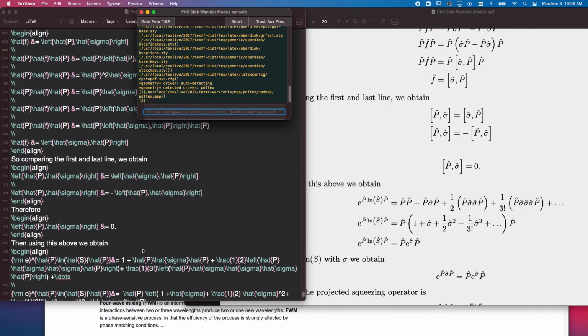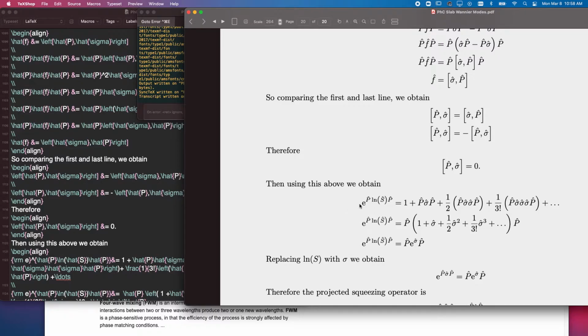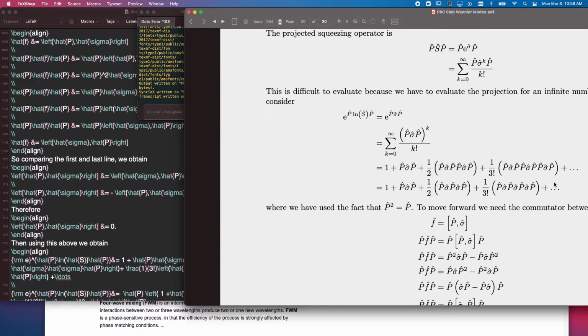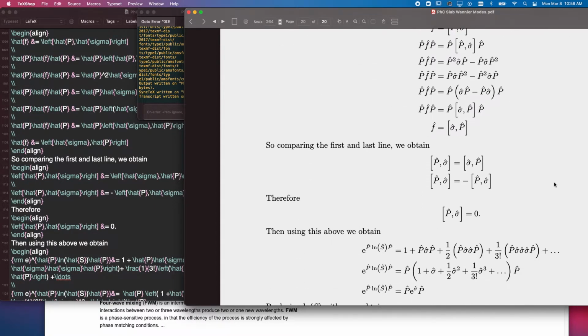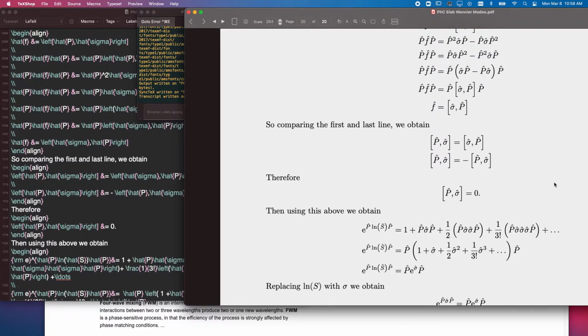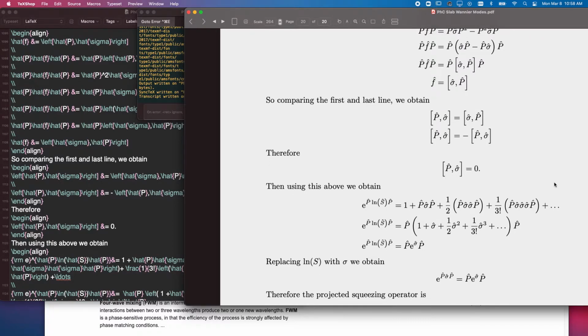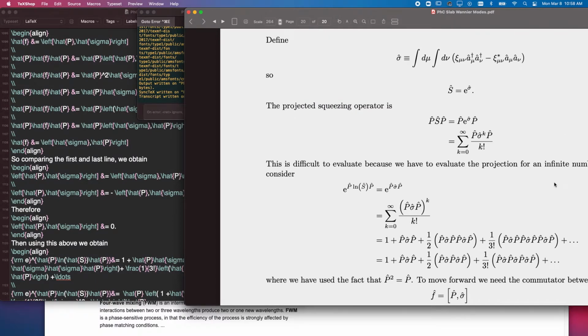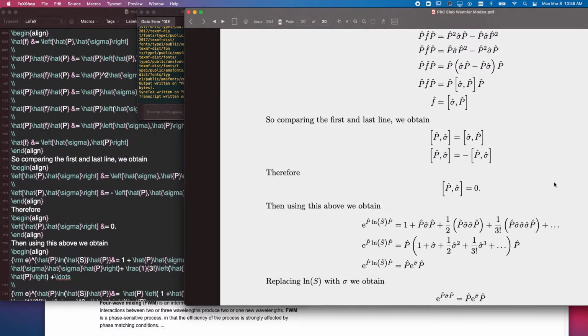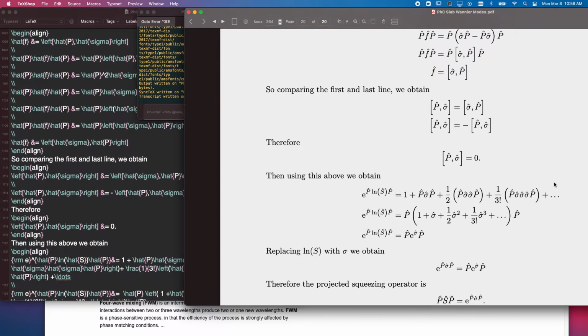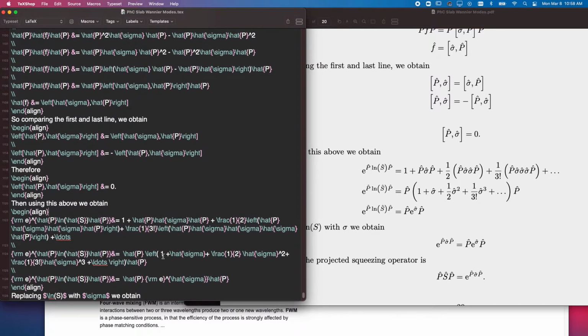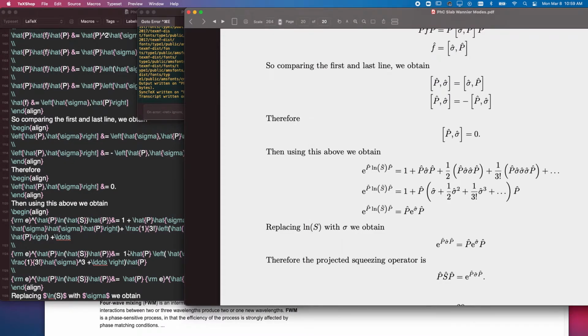Because that's actually equal to 1. Okay, so there's still a little bit of work to do.